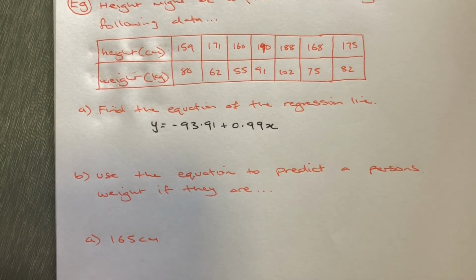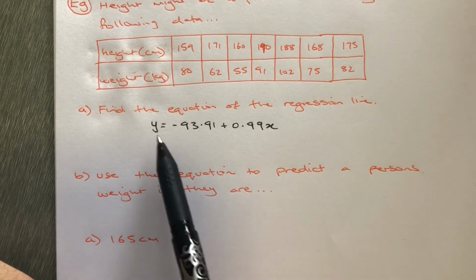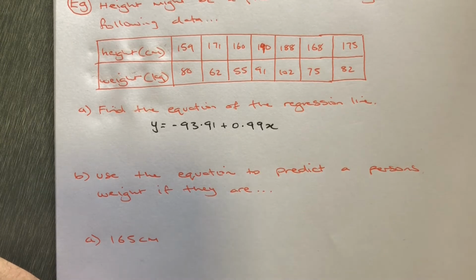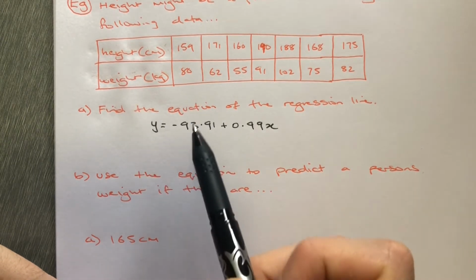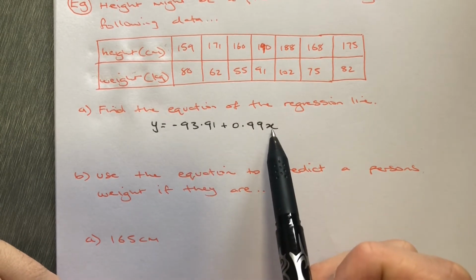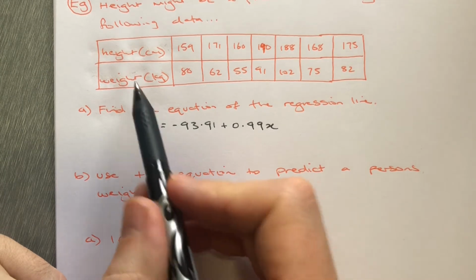Okay, so I've written down that equation that the calculator gave us, but I think it's probably better if we write it in a way that instead of having y and x, we have the variables that we're comparing, so our height and weight. So x is always our independent, so that's going to be height, and that means y is going to be weight.